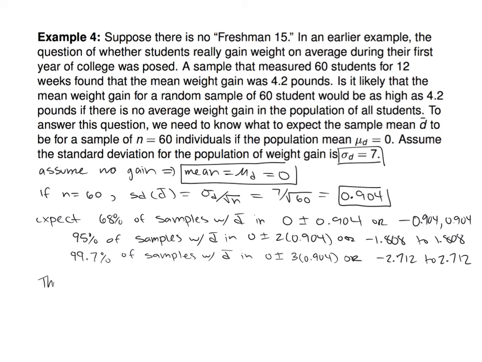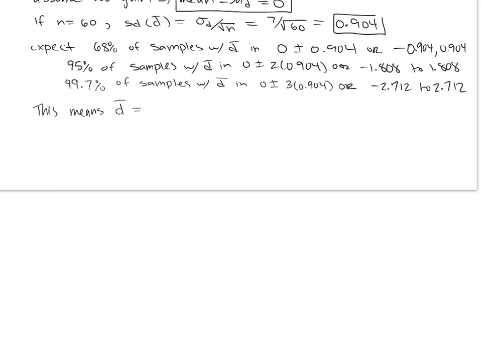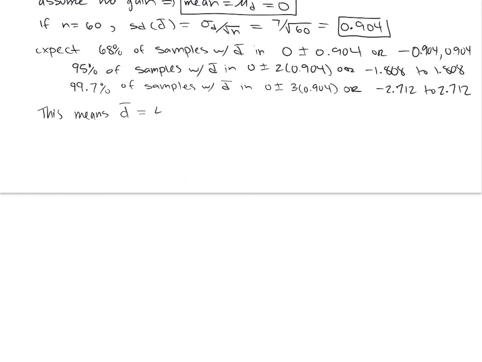So this means that the d bar we observed, which was 4.2, falls in the top 0.15%, really probably even more top than that.